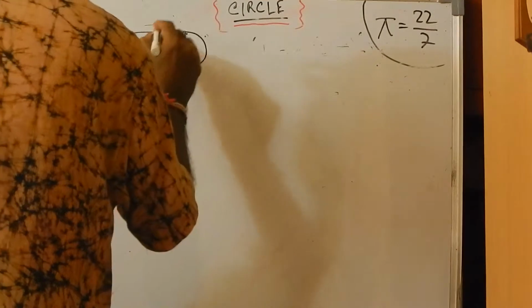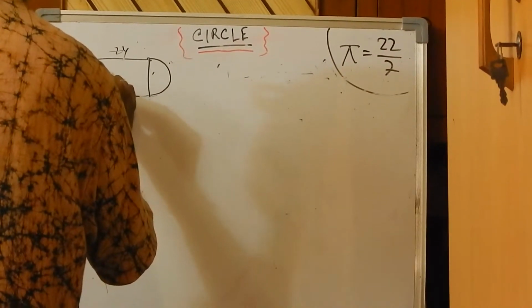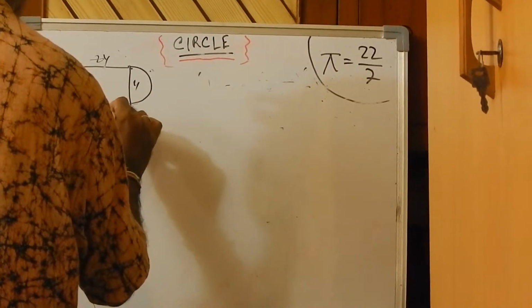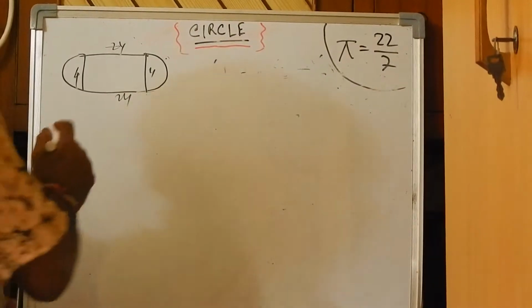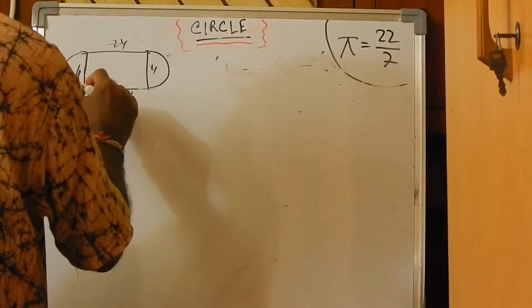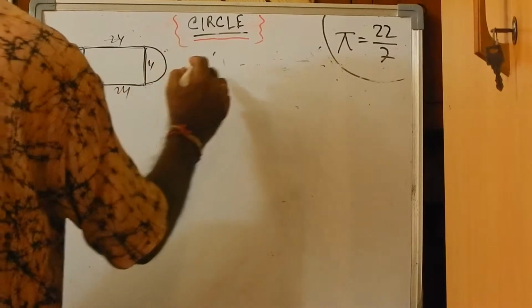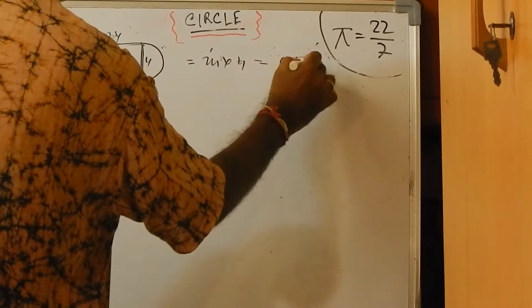Let us suppose it is 24 and it is 4. Then the area: we see from the design that it comprises a rectangle. So 24 into 4, 96 square centimeter.